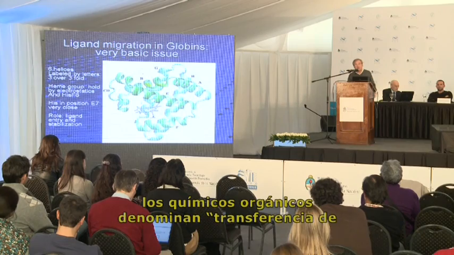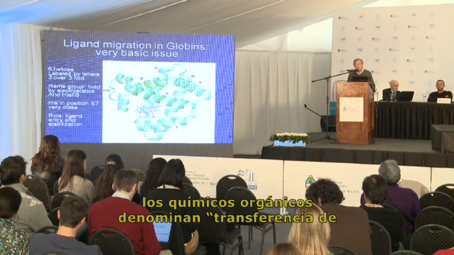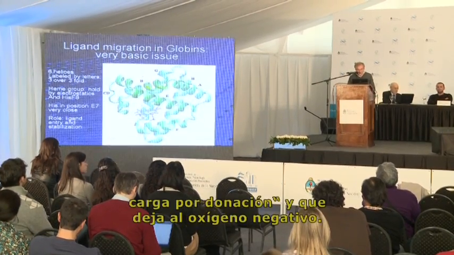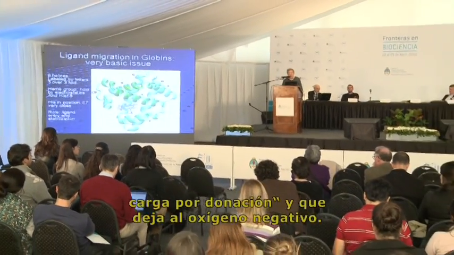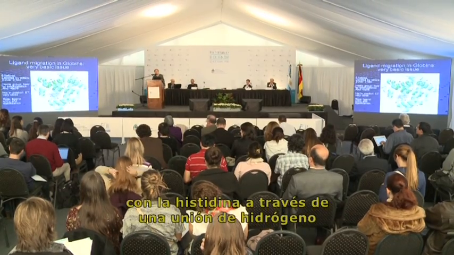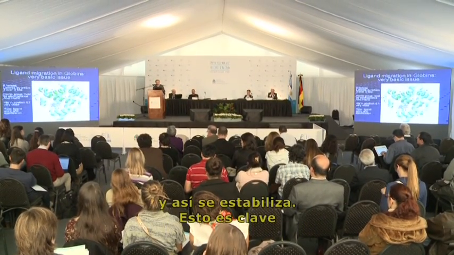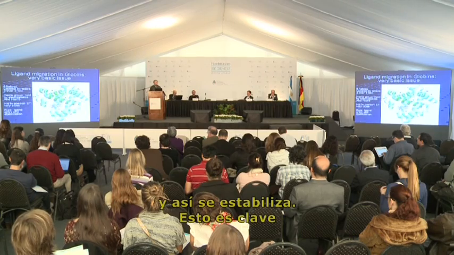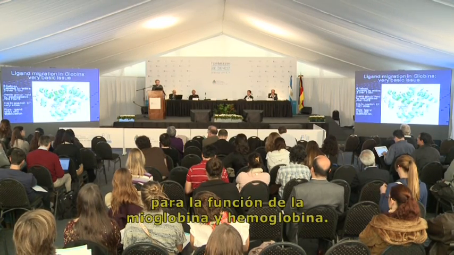That's an effect that organic chemists call pi-back donation. This effect makes oxygen negative, and so the oxygen is able to interact through a hydrogen bond with this histidine and gets stabilized. And that's key for myoglobin and hemoglobin function.